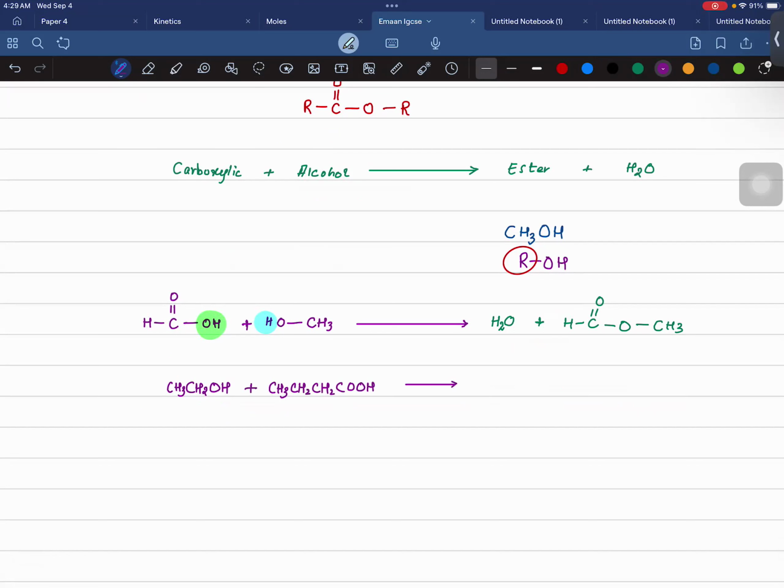You are supposed to write down the displayed formula, and show how they combine with each other, how the water is released, and then the product would be an ester.